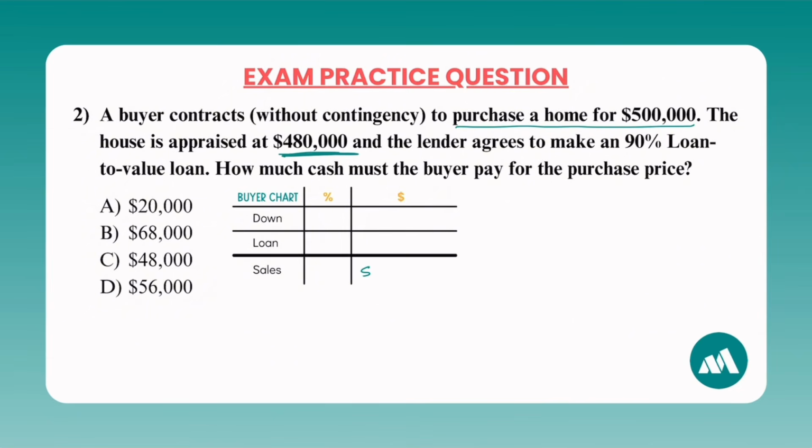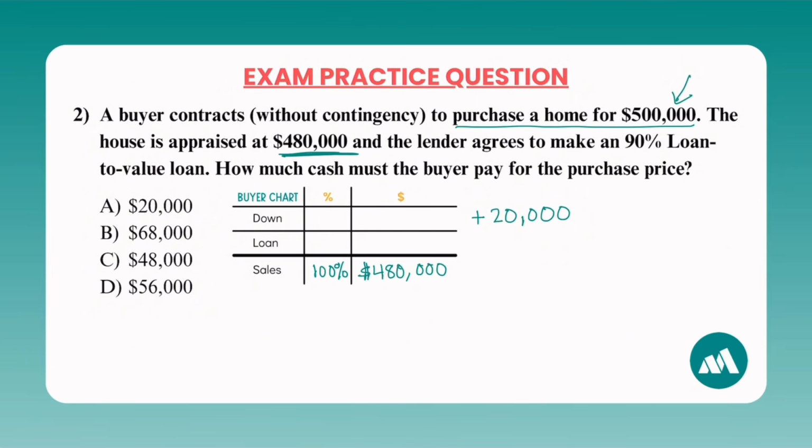So we're going to use that as our sales price instead of the $500,000. Remember, that's always out of 100%. Since the buyer and the seller contracted for $500,000, that means the buyer is going to have to bring $20,000 on top of their down payment to the table to close.